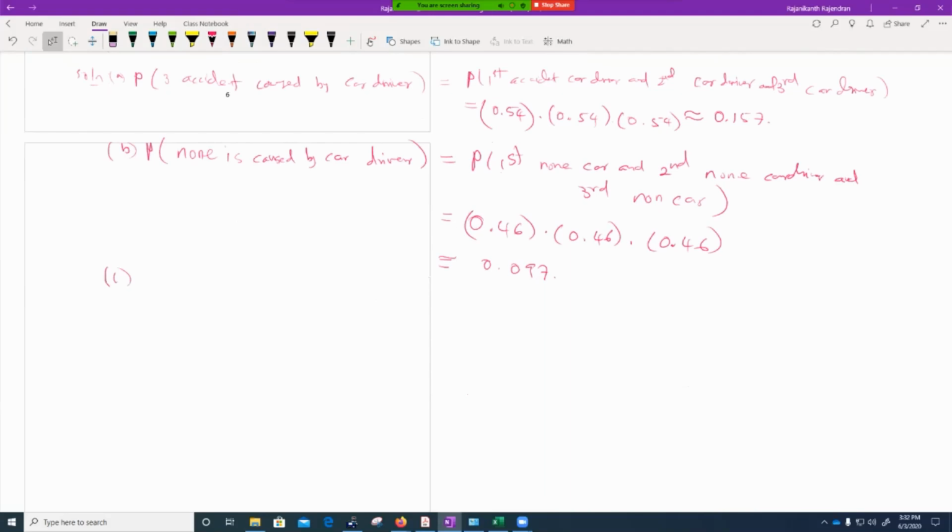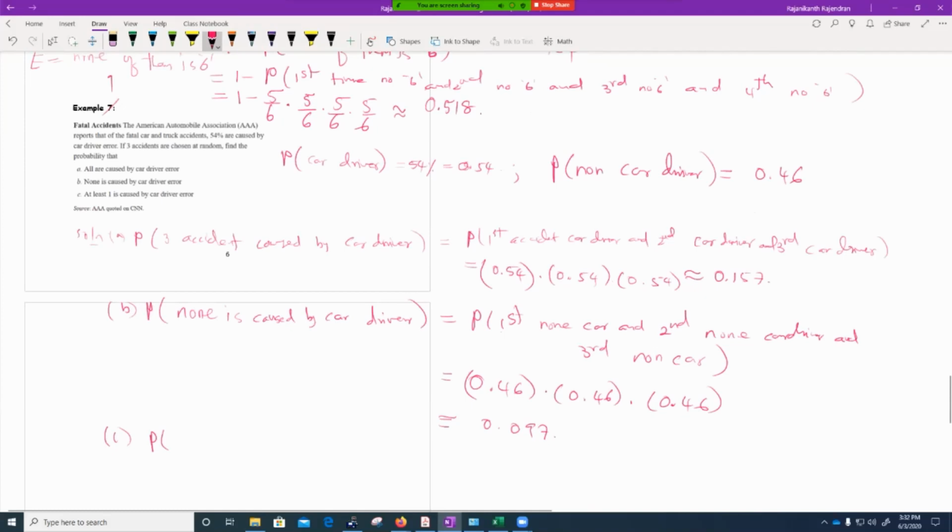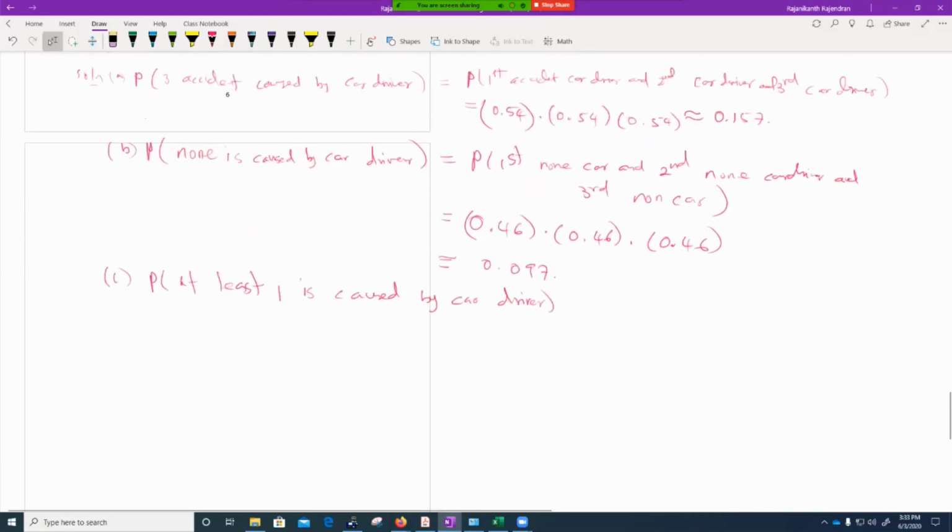And the last part, the probability of getting at least one accident caused by a car driver. Okay, remember in the previous example I explained, if you think of this event as E, then it is always easier for us to write this with the complement formula.